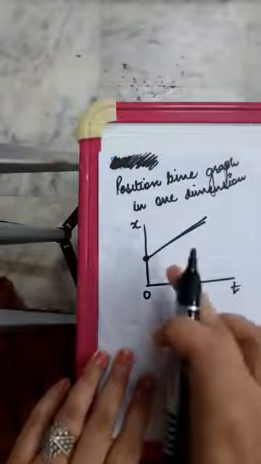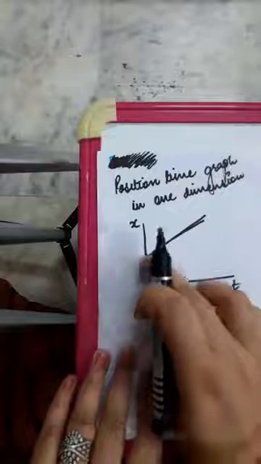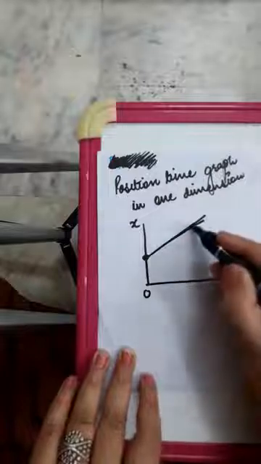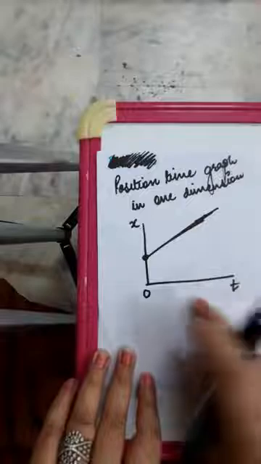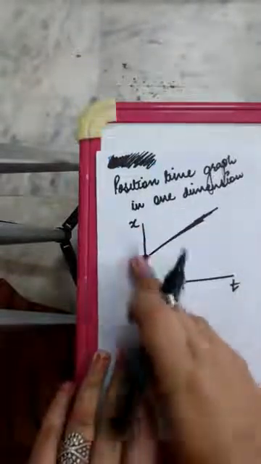But when the object is lying some distance away from the origin, then the graph acquires a shape like this. So this is the graph here. Of course, I will have some time intervals on the time axis, and some positions on the position axis.